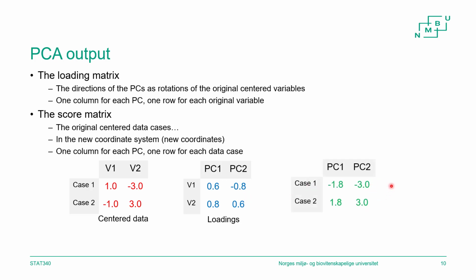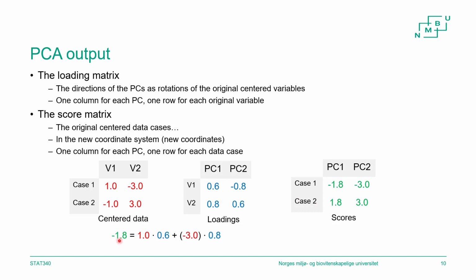And here we have the score matrix. And notice again, this looks much like the first one, right? With data case 1, data case 2. But instead of the original variables, we have the principal components now. And how are these values related?